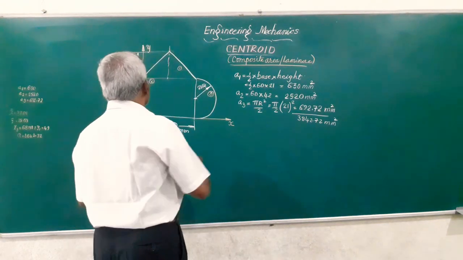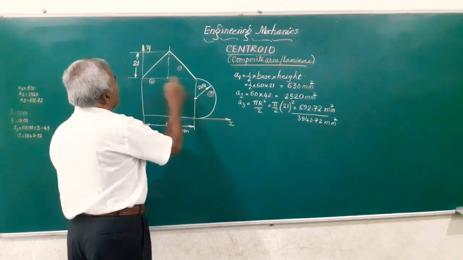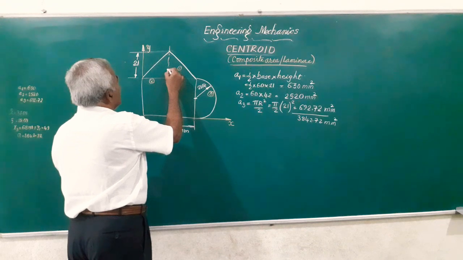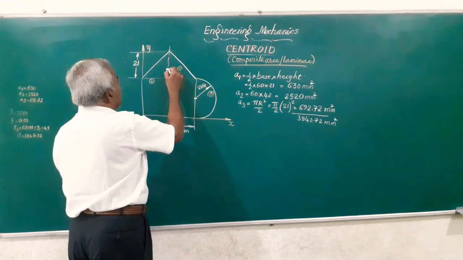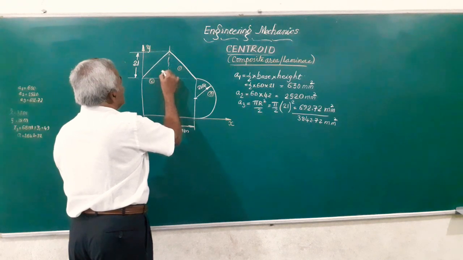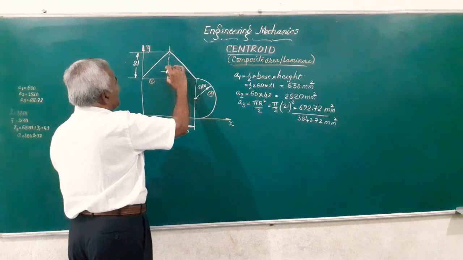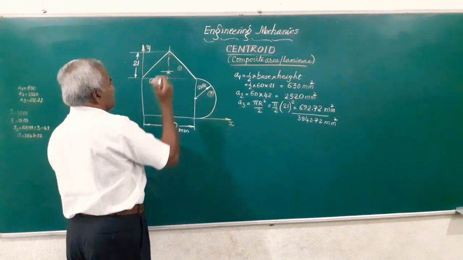That is, friends, if you take up this triangle, about this base you can see here, it has got the height 21. The centroid lies on this symmetrical line or axis of symmetry at a height given by the total height by 3, 1/3 from the base or 2/3 from the apex or the vertex.